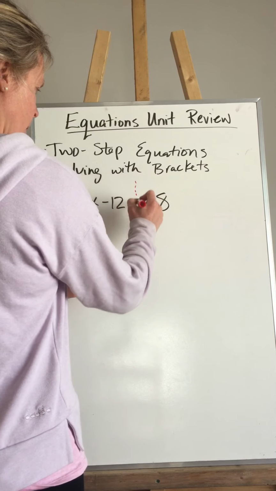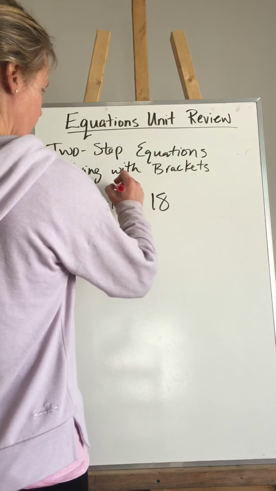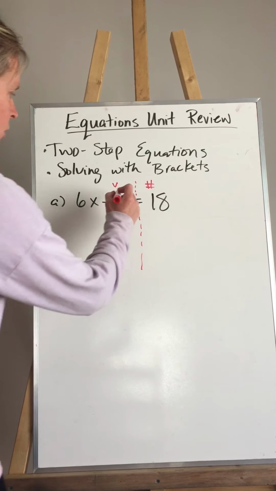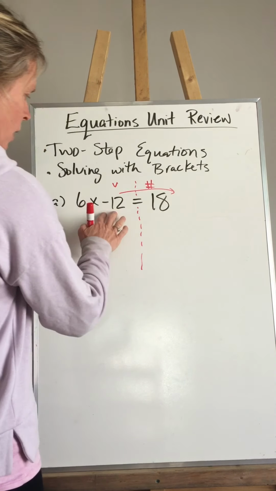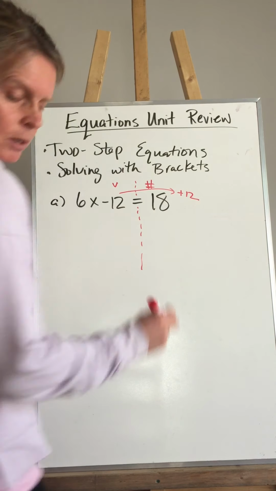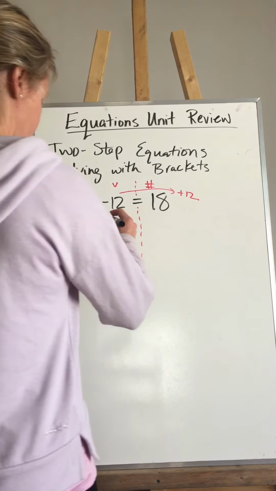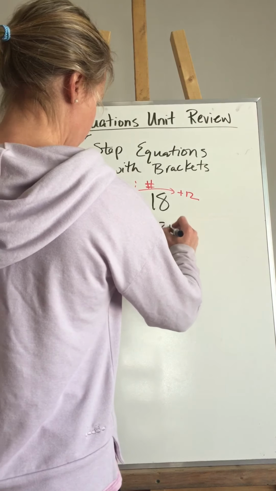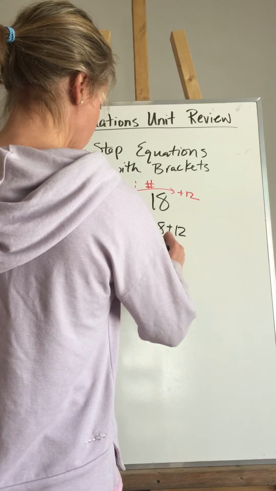So there's a couple steps, right? So we set up our variable side, our number side, and the 12 is going to move over. Because it's subtract 12 here, it's going to be plus 12 here. Okay, yeah, that works. And we're going to have 6x staying on this side. On this side, it's going to be 18 plus 12, okay, which is 30.